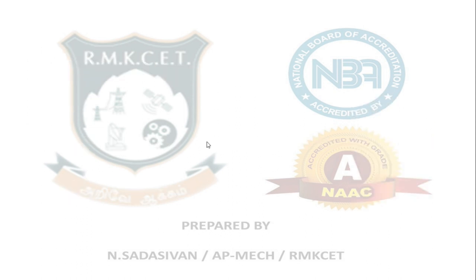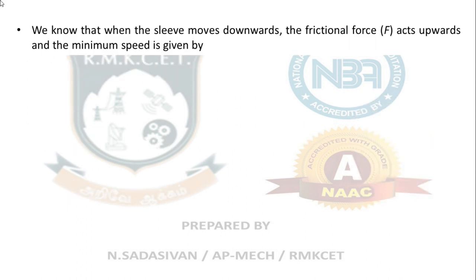Now we will go into the formula. We know that when the sleeve moves downwards, frictional force acts upwards and the minimum speed is given by this formula. So mg. Now the lower RPM case, I already told you, put minus here because the sleeve moves down. Friction acts in the opposite, upward direction, so it is opposite to the weight direction, therefore I am putting minus. Here H1, all other things will remain the same for calculation.